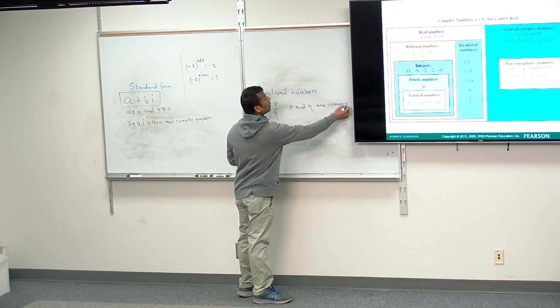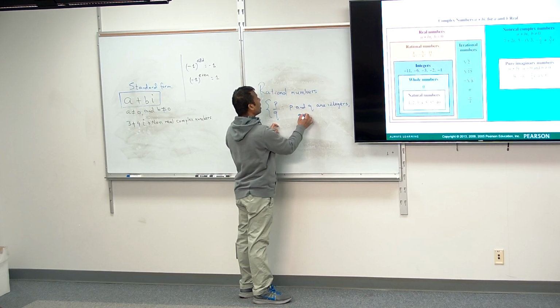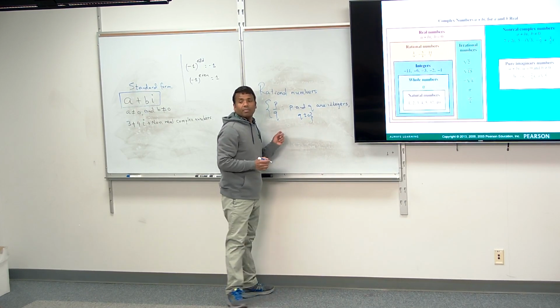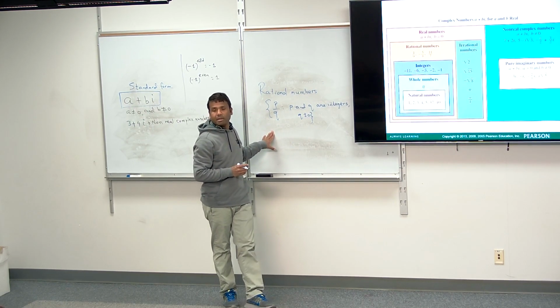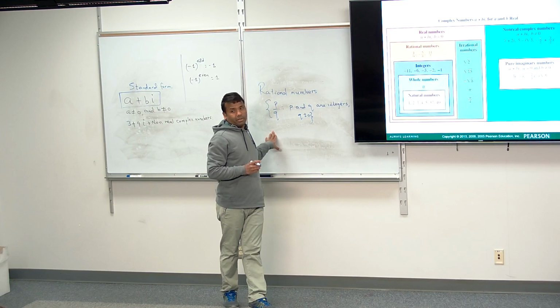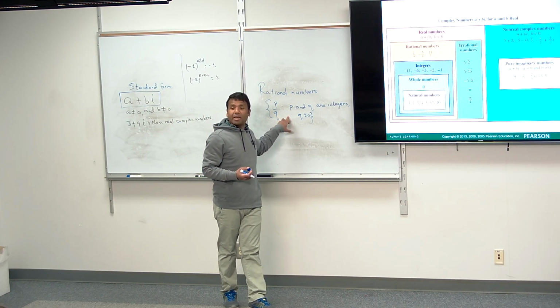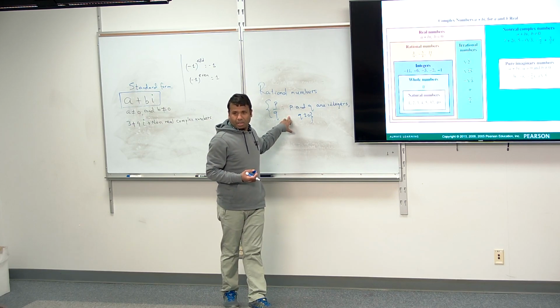And the denominator Q is not equal to 0. So this is the set of rationals. This set is bigger than the what? Set of integers. Every integer is a rational number. You see what I'm talking about, right?